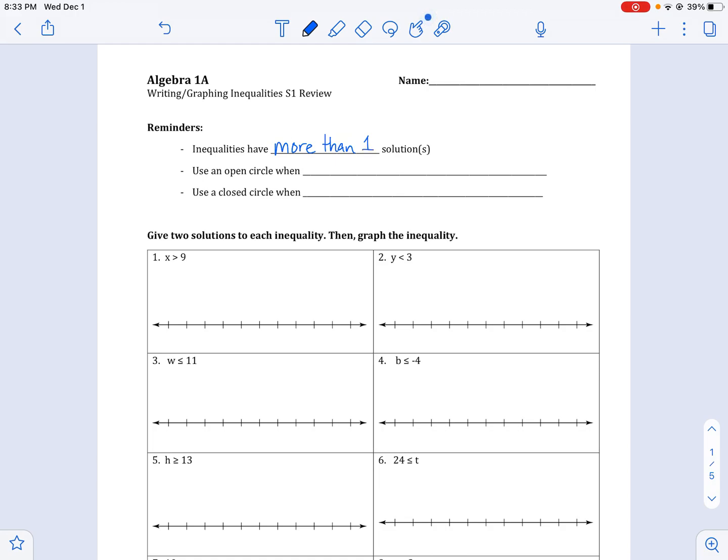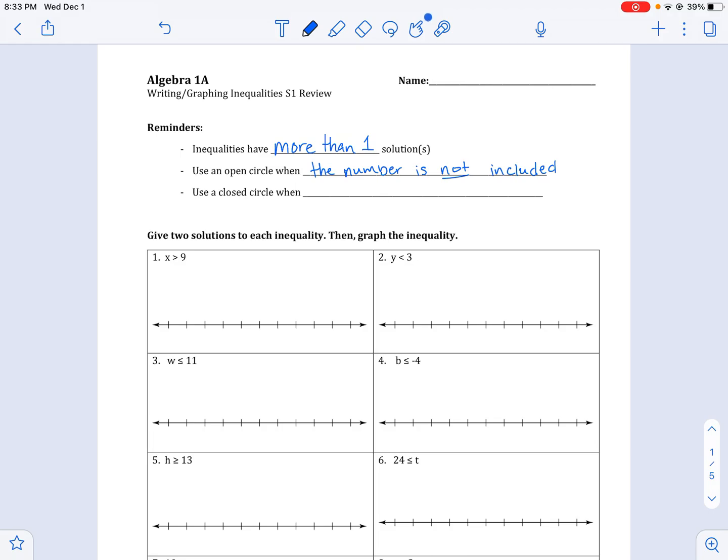And when I'm graphing, I will use an open circle when the number or the value is not included.